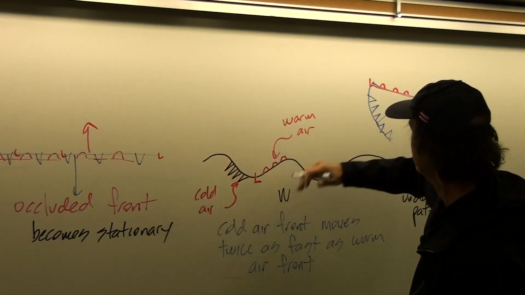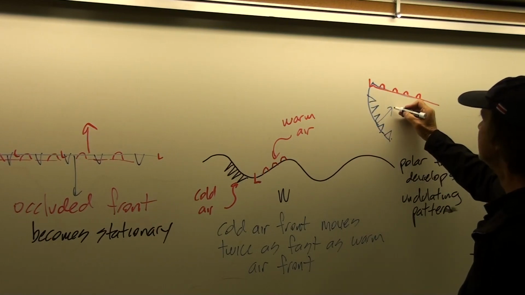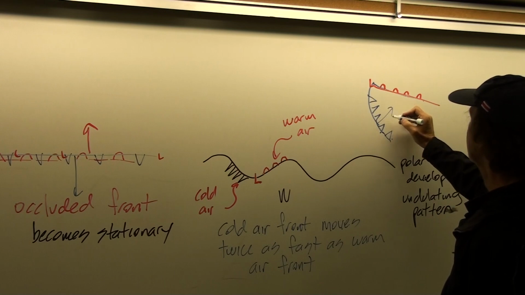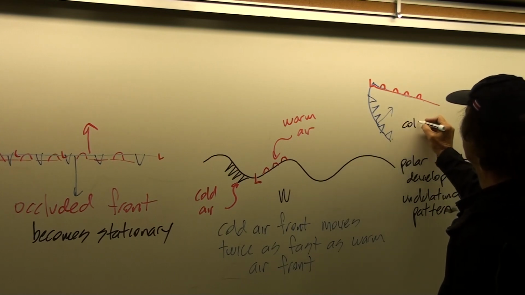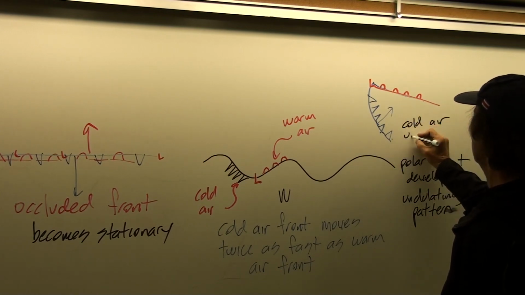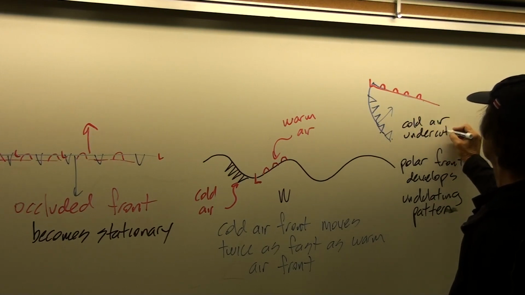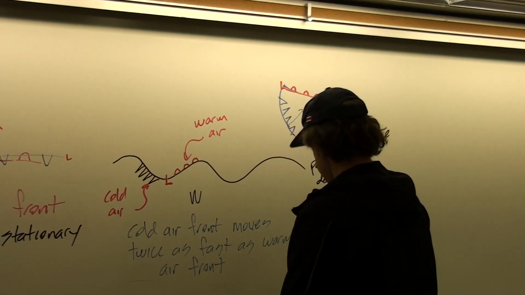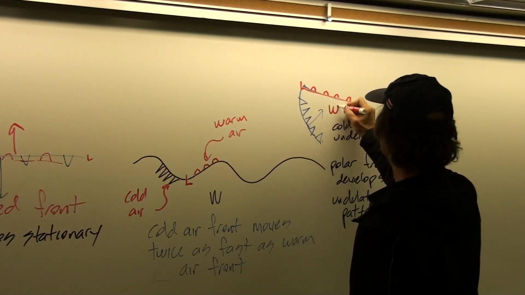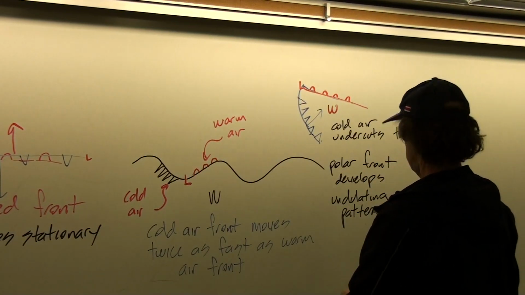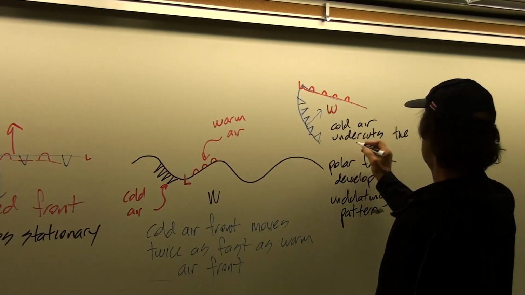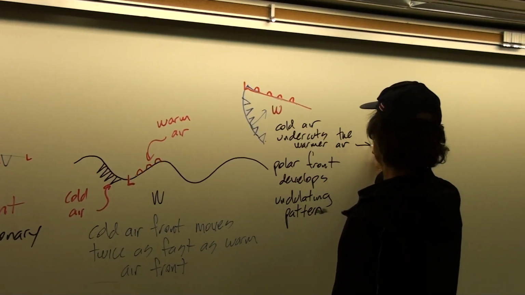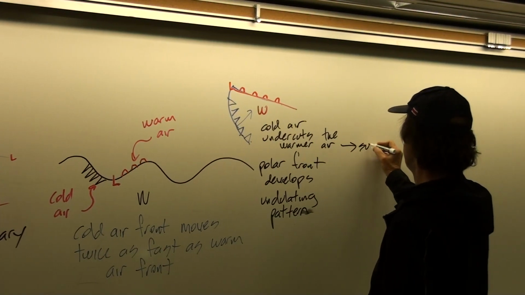So it's starting to rotate around the low, and it's cutting into that warmer air, pushing it up to higher elevation. And so as the cold air undercuts the warm moist air, which is in this area, this is a warmer region behind the warm front, we can get a superstorm starting to form.